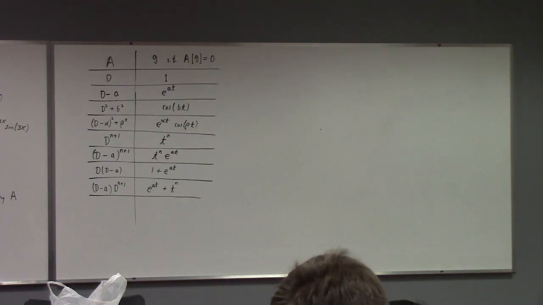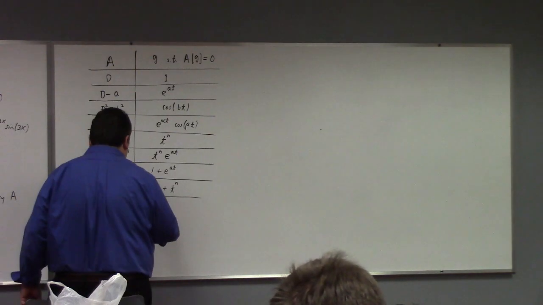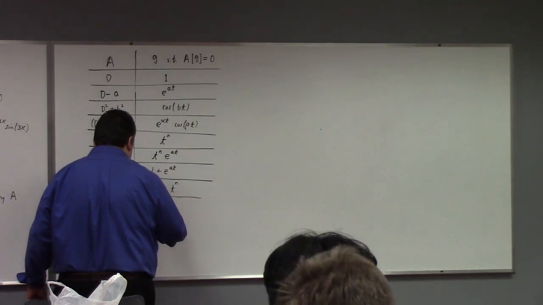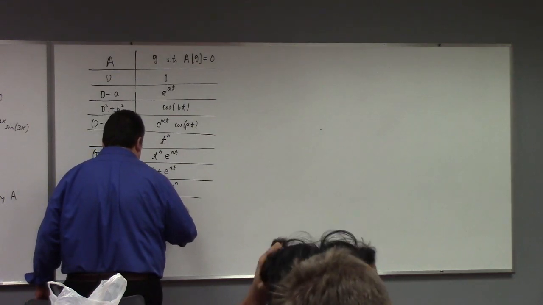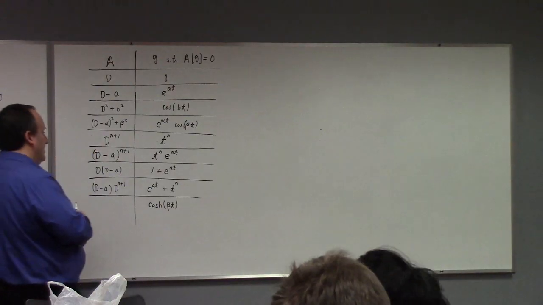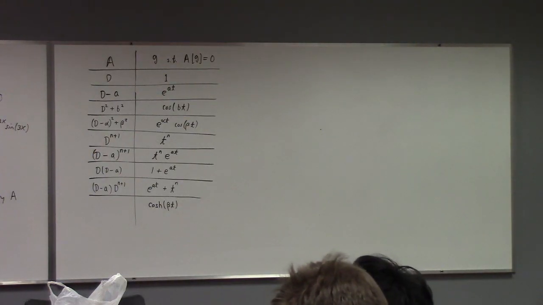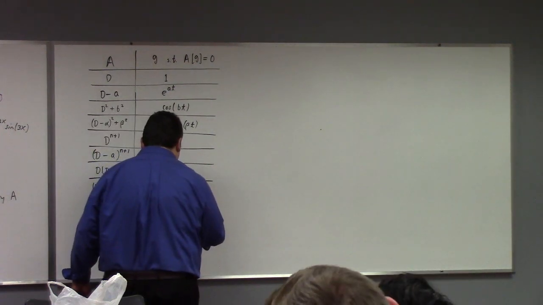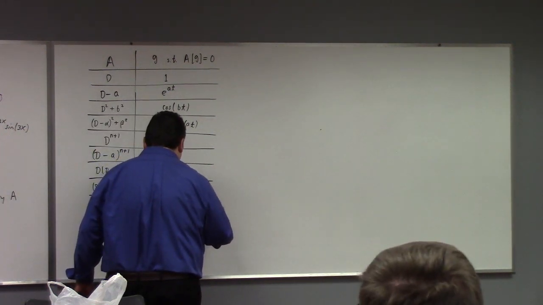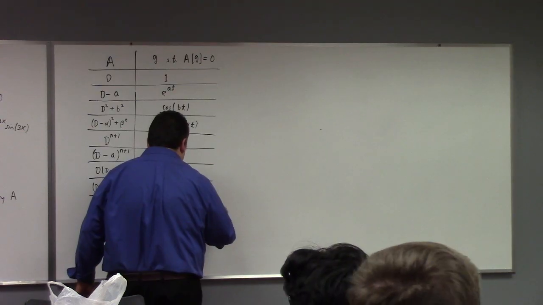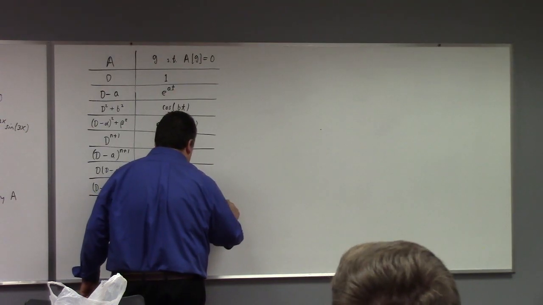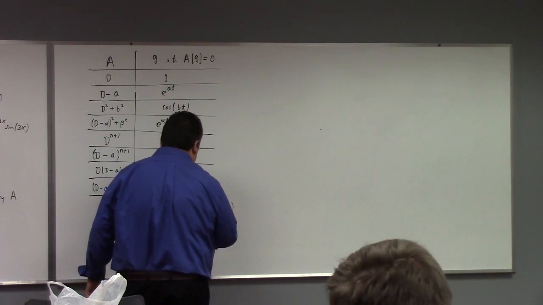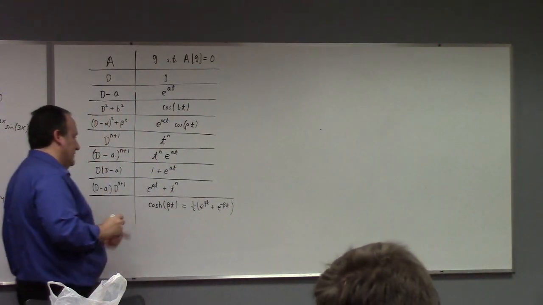Let me throw something new into the mix here. How about cosh, hyperbolic cosine of beta t? Would it be just like cosine, where it's D squared plus beta squared? I'm just telling you, you should know that hyperbolic cosine is the sum of exponentials.